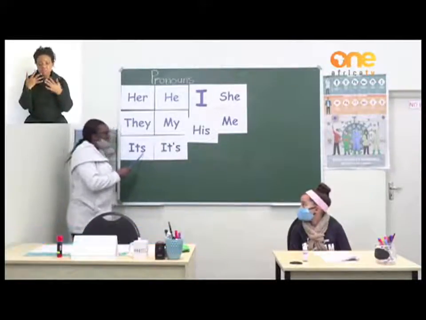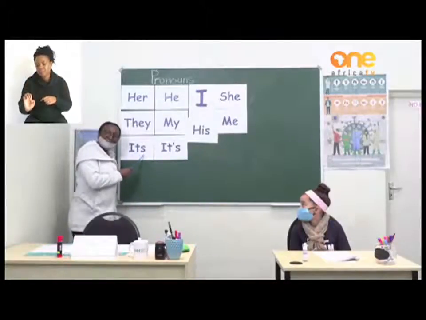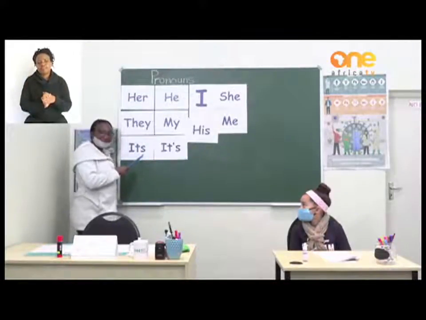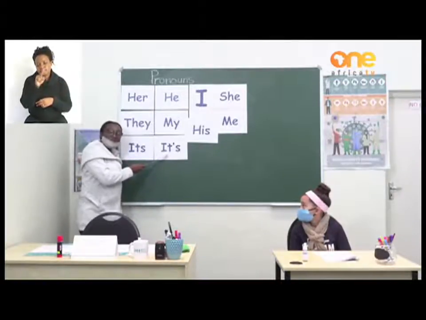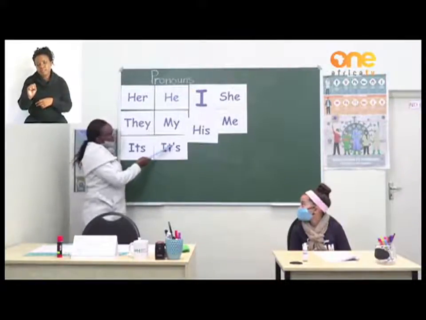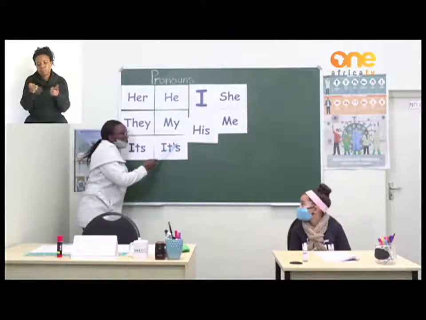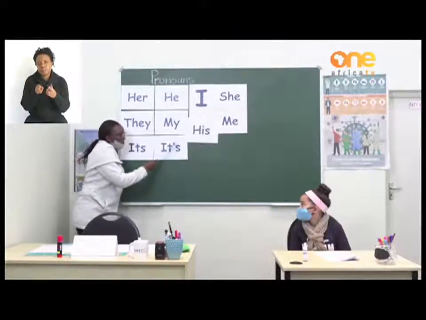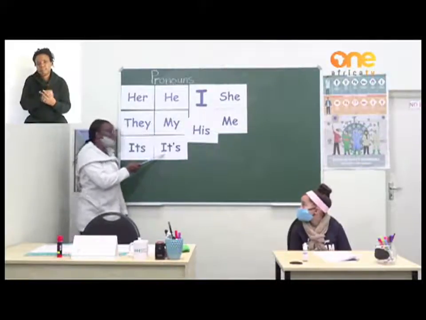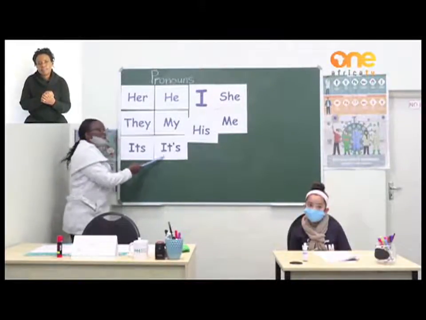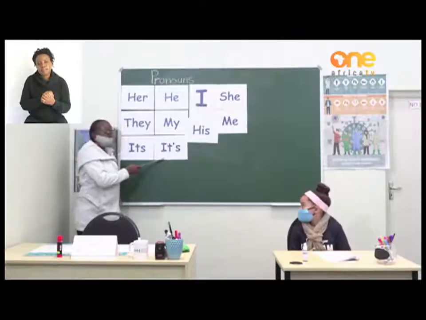For example, the cat is licking its tail, okay? And it's with an apostrophe shows contraction. This is what we call an apostrophe. Right, now, what does contraction mean? Contraction means when the word is shortened.